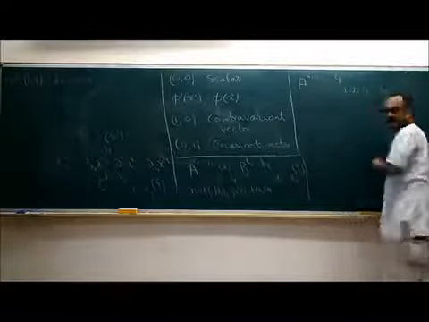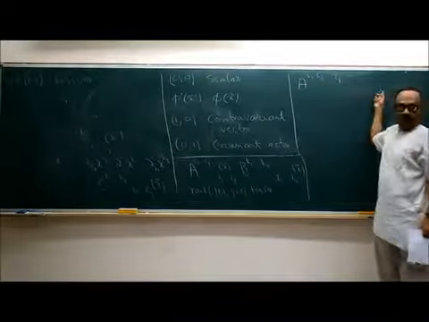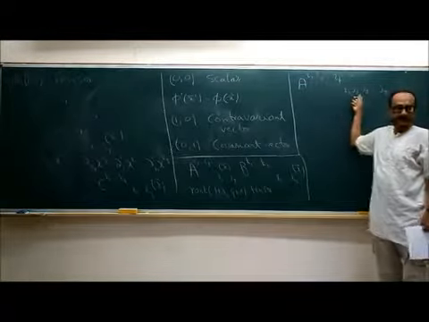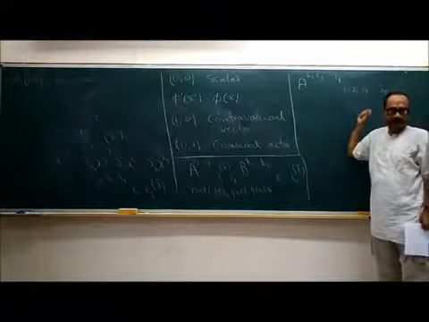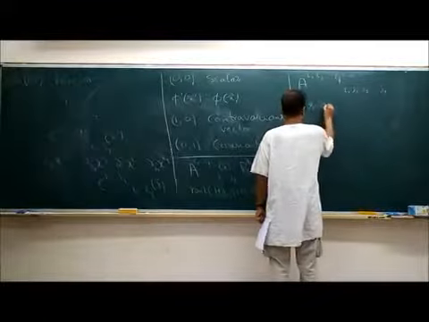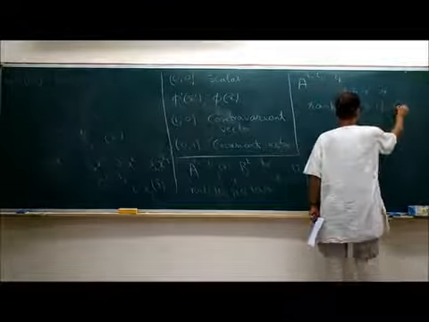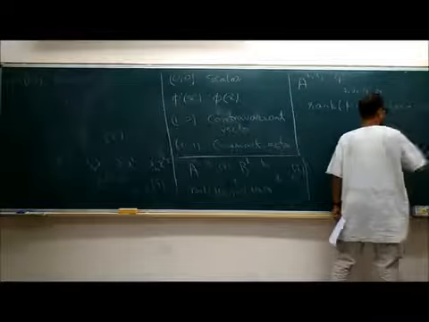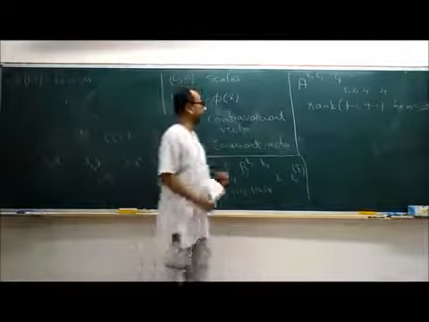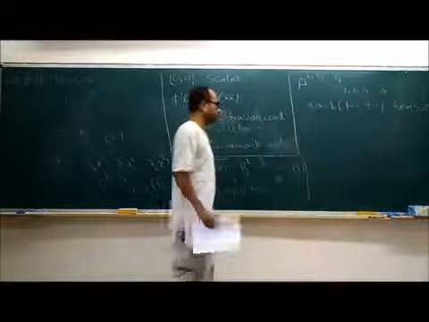We had a rank (p,q) tensor A i1 i2 up to ip, j1 j2 up to jq. Now I have set j1 equal to i1, and because it's a repeated index, it's summed over automatically. So this quantity is a rank (p-1, q-1) tensor. The indices of this are i2 to ip and j2 to jq. i1 is summed over.